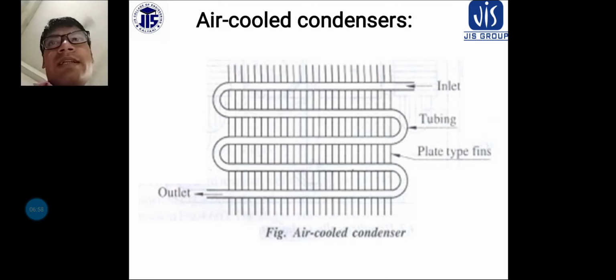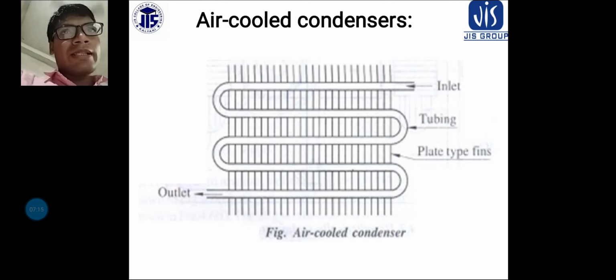As air comes in contact with the warm condenser tube, it absorbs heat from the refrigerant, and thus the temperature of the air increases. The warm air, being lighter, rises up, and in its place cooler air from below rises to take away the heat from the condenser.